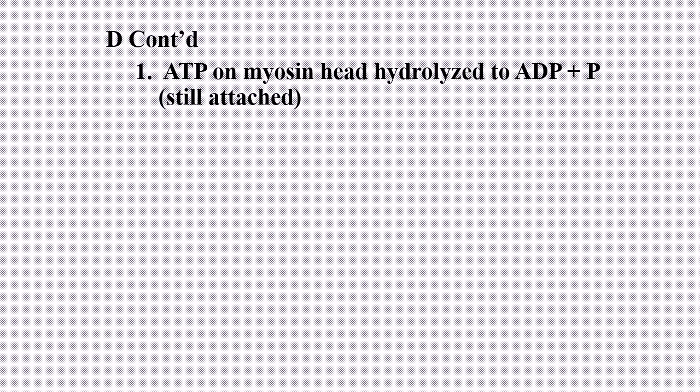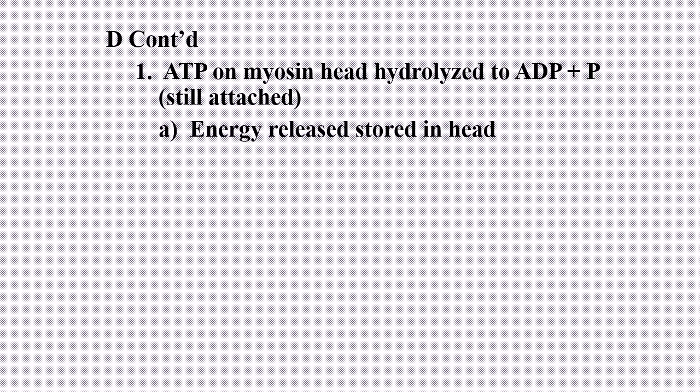Okay, so that energy is actually stored in the myosin head, so it's now energized. The ADP and the phosphate that was broken off, they're now separated. They remain attached at this point to the myosin head. So as I said, the energy that was released from the covalent bond between the second and third phosphate is now going to be stored in the myosin head.